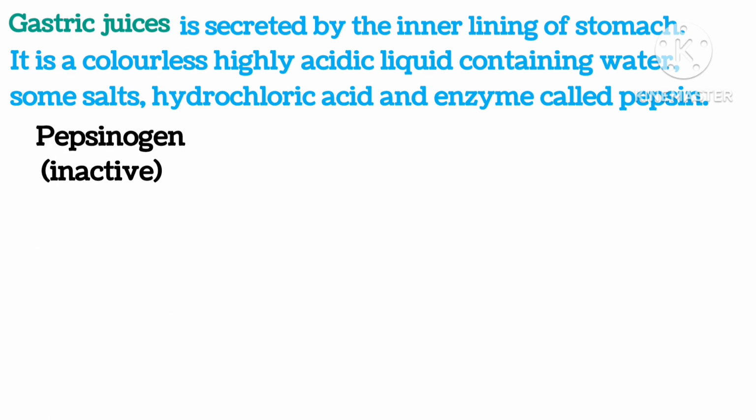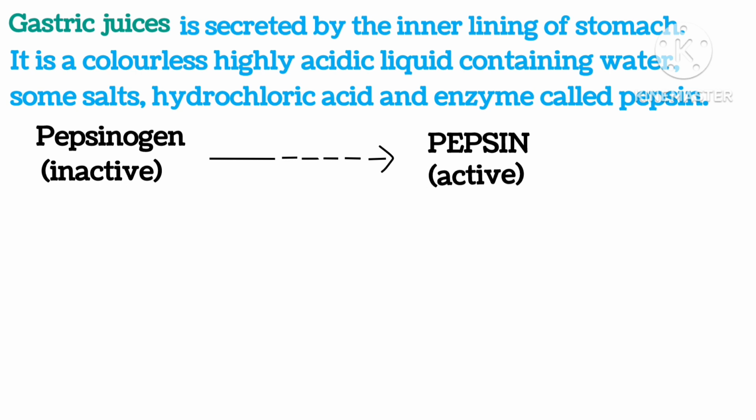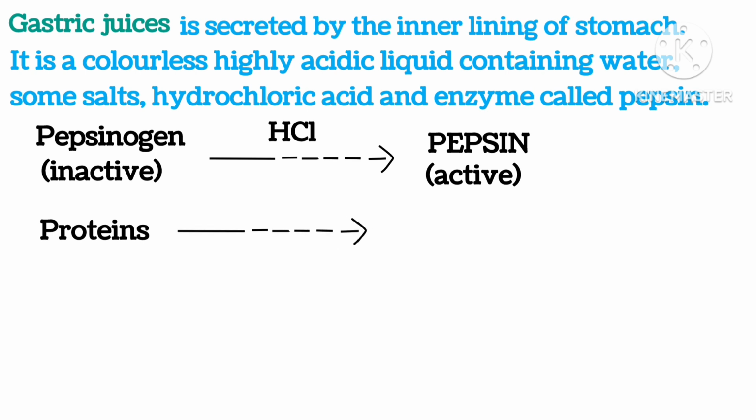Pepsinogen, which is an inactive form, is converted into pepsin, the active form, with the help of hydrochloric acid. The proteins are converted into peptides in the presence of the pepsin enzyme.